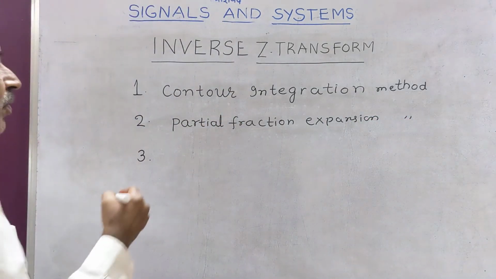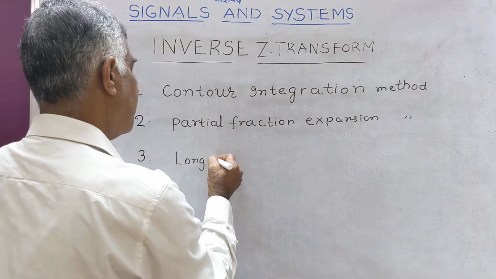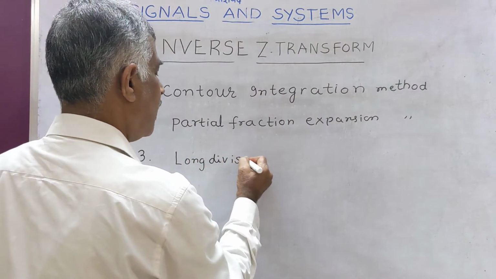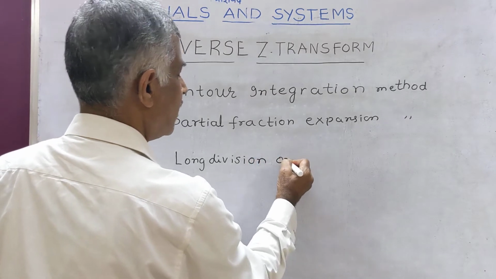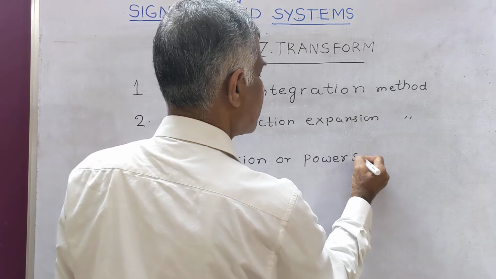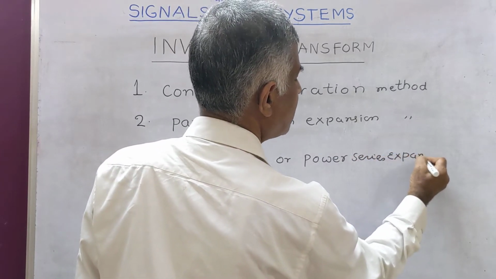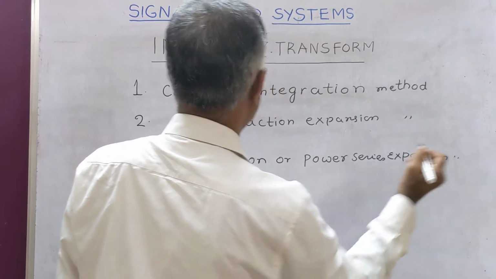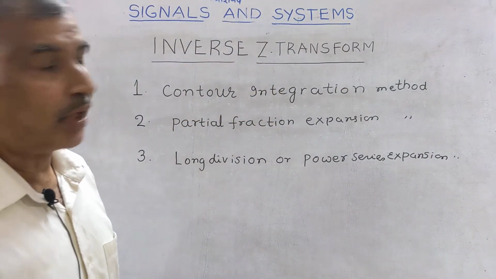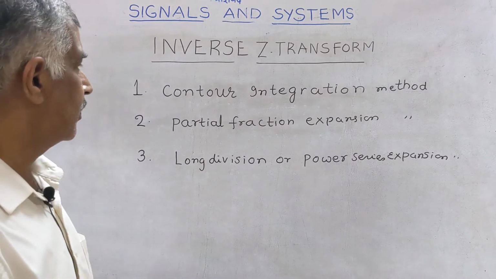The third method is what is known as the long division method, also known as power series expansion. These are the three methods students are supposed to learn to carry out inverse Z transformation.